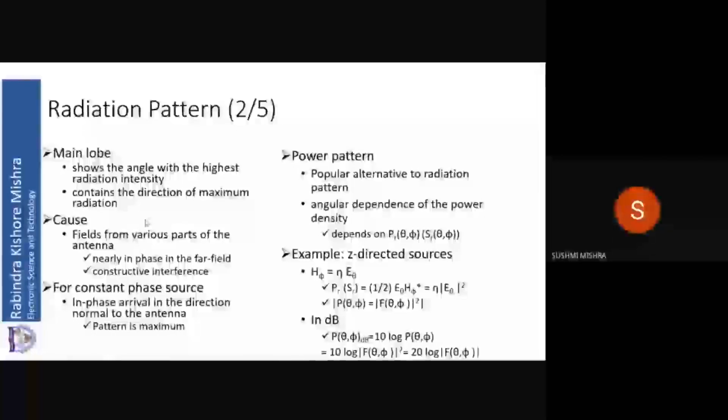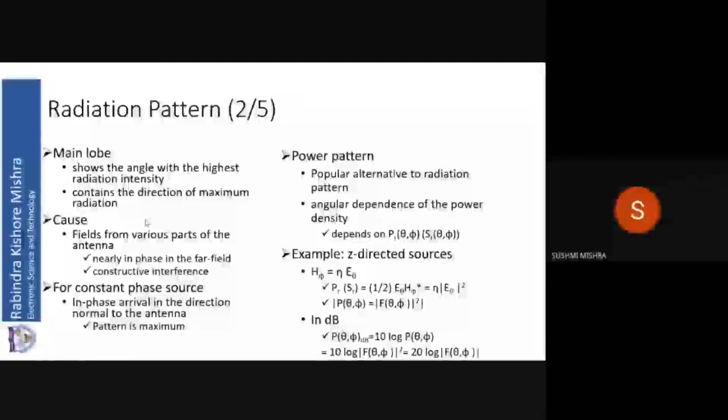Now, the moment we come to power, we cannot stay without talking about dB. The power is mostly expressed in terms of dB because we always try to compare power between two sources, or two different powers. So we use dB.